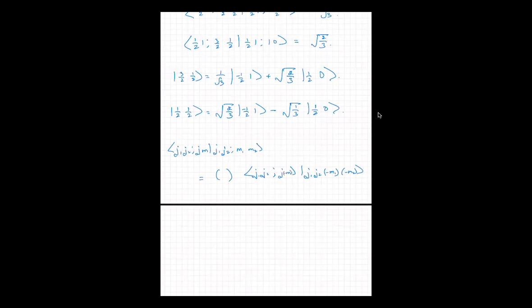To figure out the Clebsch-Gordan coefficient with the corresponding negative values of m, I think this is equal to some minus 1 to the power j1 plus j2 minus j, or something like that, if I remember right.